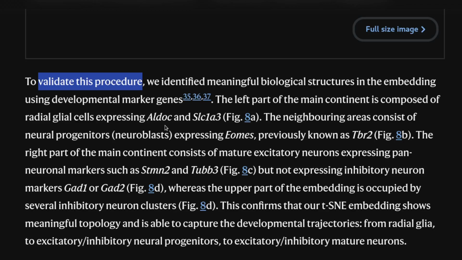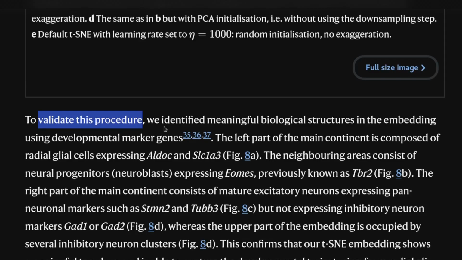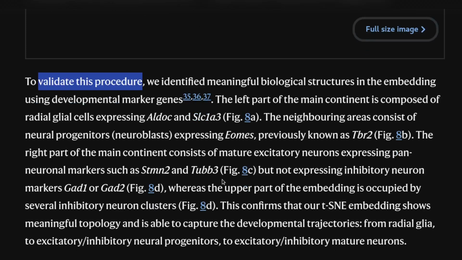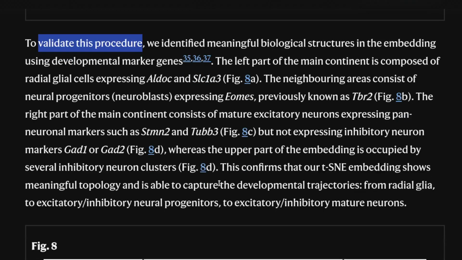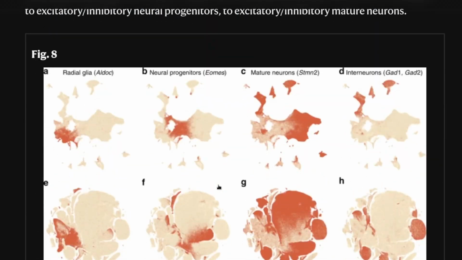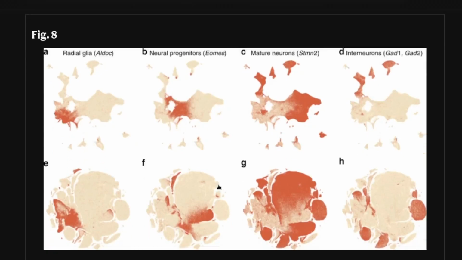The right part of the main continent consists of mature excitatory neurons expressing pan-neuronal markers such as SDMN2 and TUB3, figure 8c, but not expressing inhibitory neuron markers GAD1 or GAD2, figure 8d, whereas the upper part of the embedding is occupied by several inhibitory neuron clusters, figure 8d. This confirms that our t-SNE embedding shows meaningful topology and is able to capture the developmental trajectories from radioglia to excitatory/inhibitory neural progenitors to excitatory/inhibitory mature neurons.